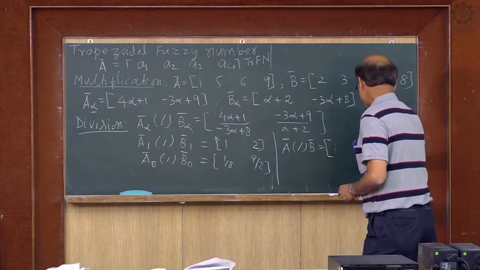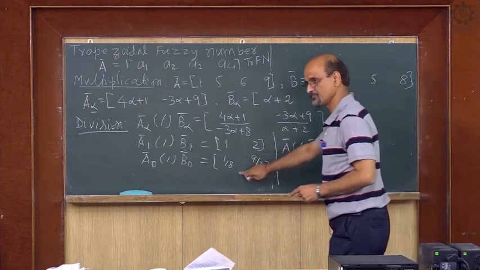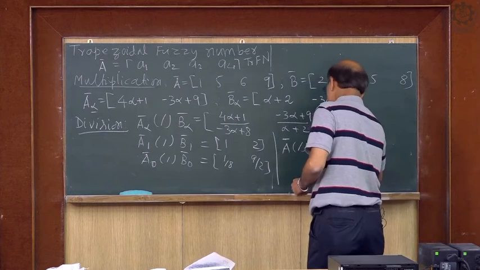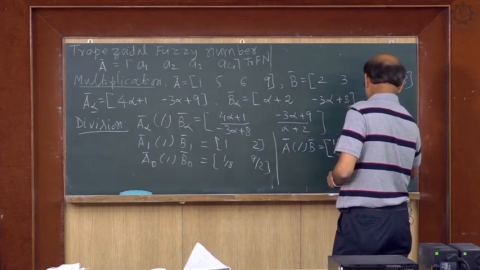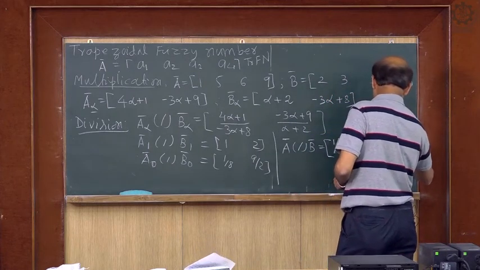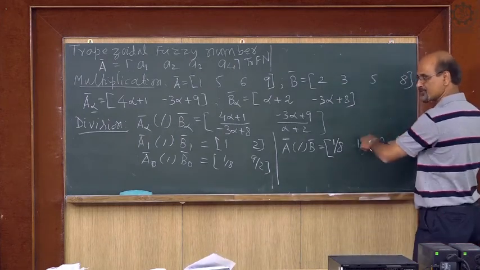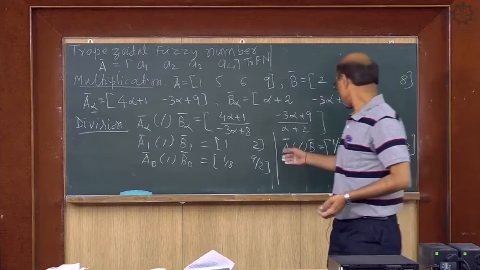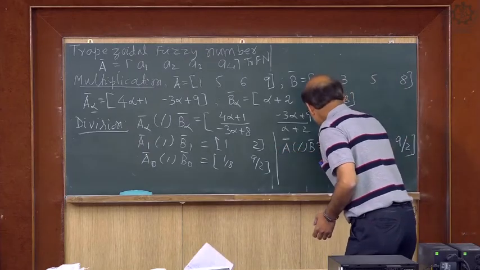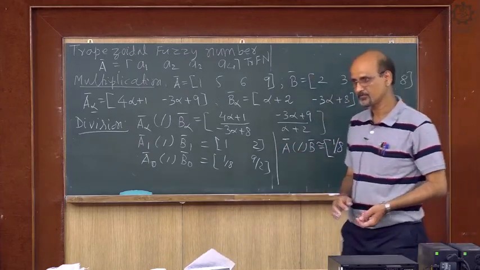First is yes, because this is minimum: 1 by 8, then 1, then 2, then 9 by 2. From 1 to 2, membership value is 1. So, like that you can have it; this is not equal, this is approximated. Okay.